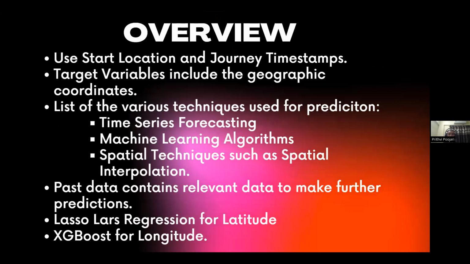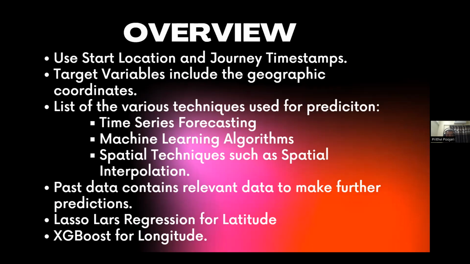Now, overview of the entire project. If we look at the data set that is provided to us, I'll show the data set later, but we have to create a future location prediction system.